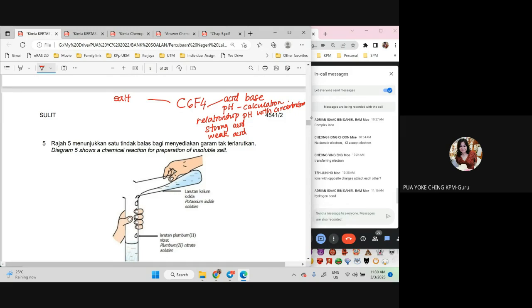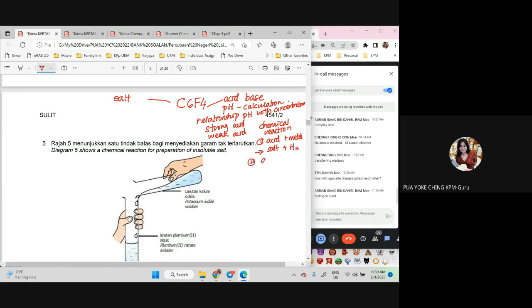The next one is your chemical reactions. So acid is more, which is acid plus metal. We got salt and hydrogen.